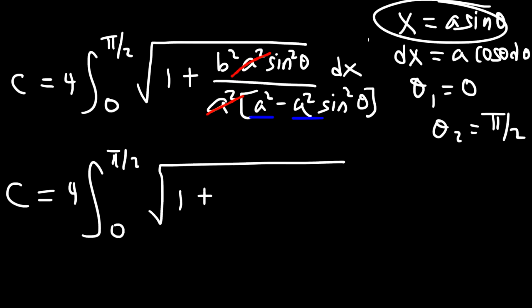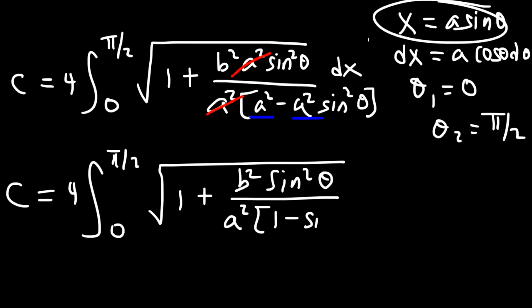So this is going to be 1 plus b squared sine squared theta. And then if we take out a squared, we're going to have 1 minus sine squared theta. And dx, at this point, we can replace it with a cosine theta d theta.